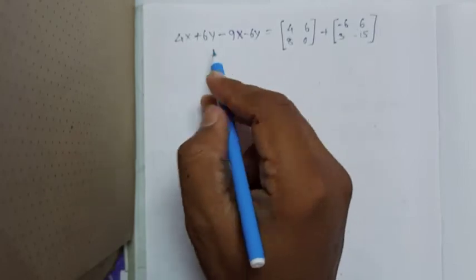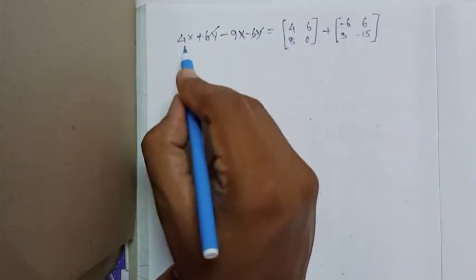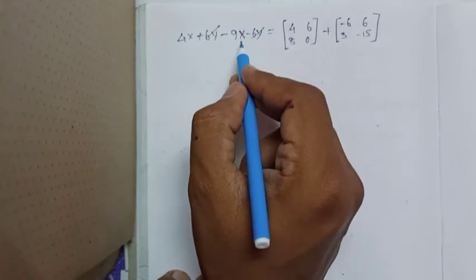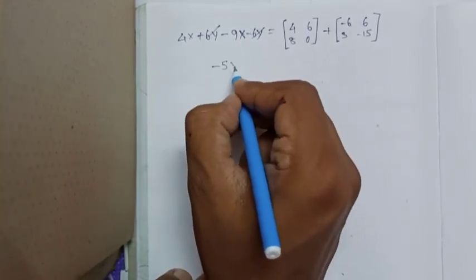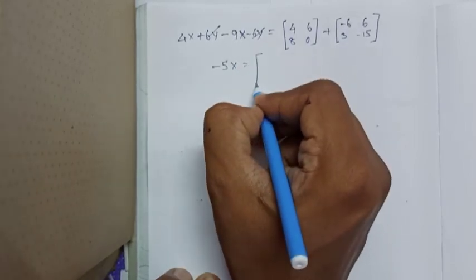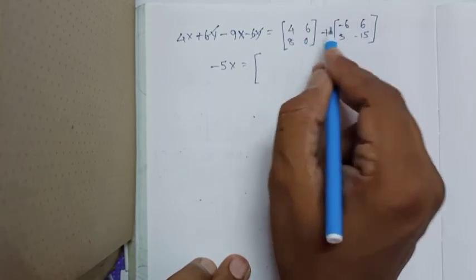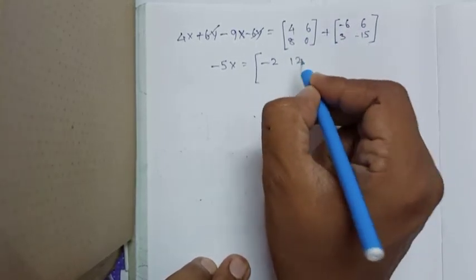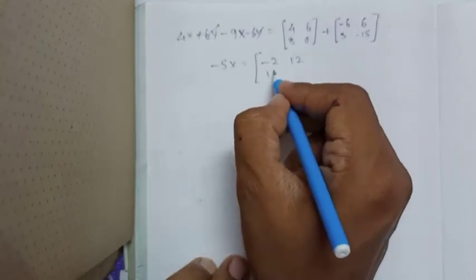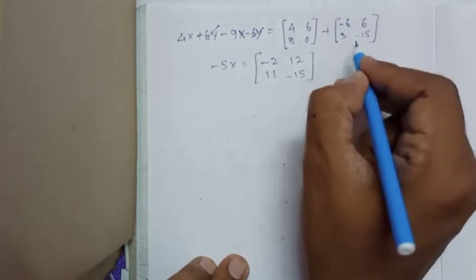You see that the plus 6y and minus 6y are cancelled, and we have the sum of the coefficient of x, 4 minus 9, that is minus 5x. Next, we subtract the matrices, the corresponding elements: 4 minus 6 is minus 2, 6 plus 6 is 12, 8 plus 3 is 11, 0 minus 15 we get minus 15.